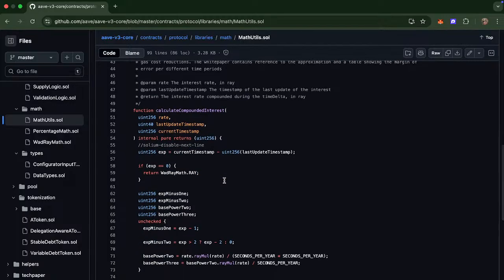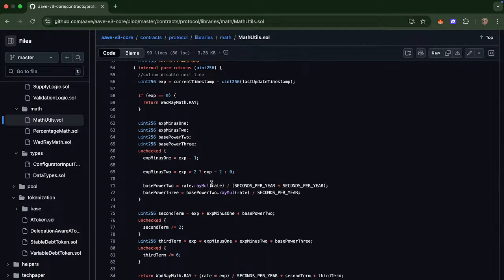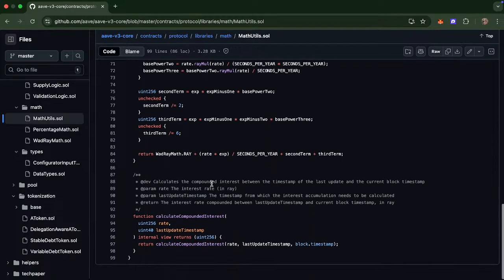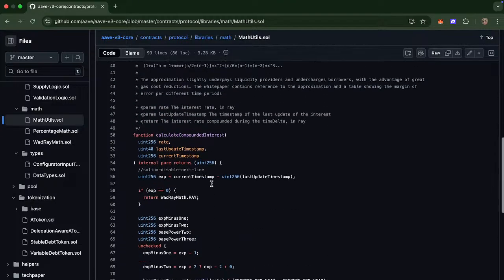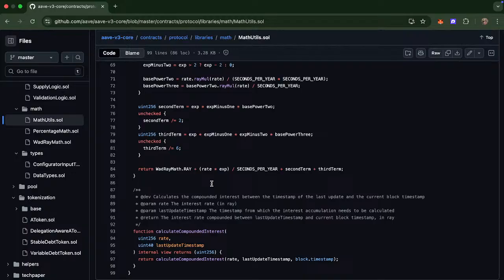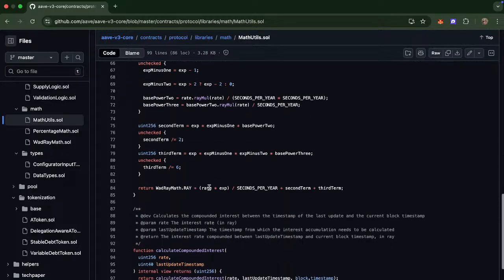Calculate compound interest. It's internal pure.